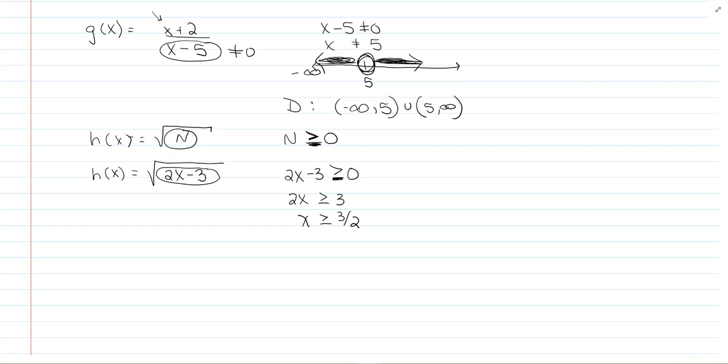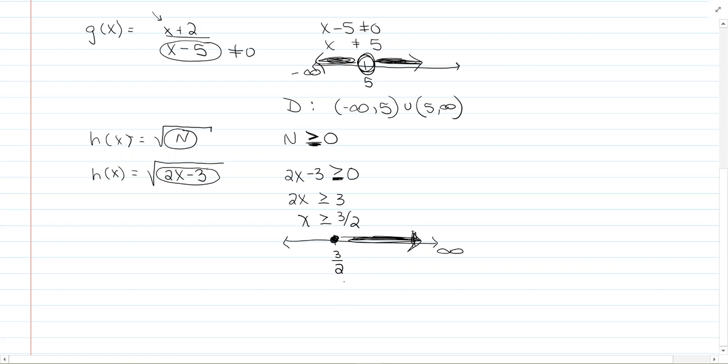Graph this. Some of you got this part on your test or quiz, but you wrote up the wrong interval for it. Filled in dot at 3/2. Greater than or equal to means you're heading off in the positive direction. So I'm going in this direction.